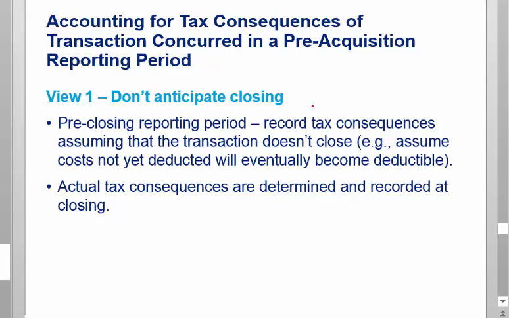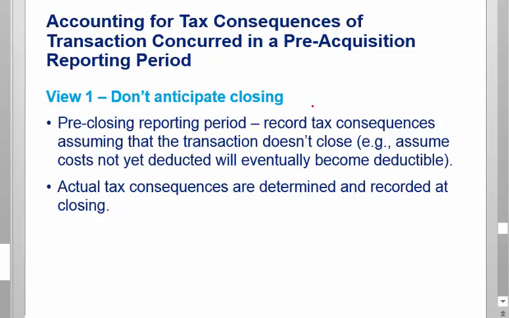Okay? So the provision rules allow you to make essentially what is a policy election to say, unless there's an acquisition that closes and you know there's an acquisition, until that knowledge becomes something that the company knows, those costs are deductible. Because if you had a failed acquisition, you would just deduct the costs and it would be no big deal.